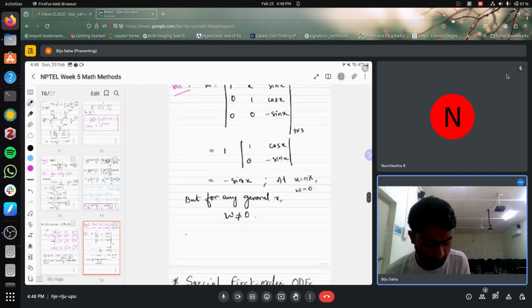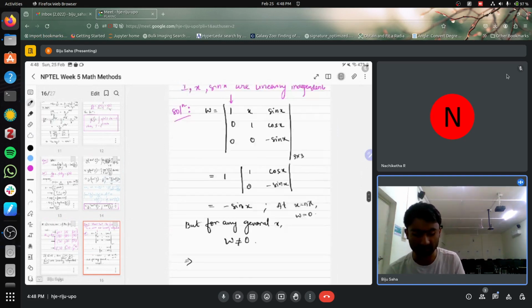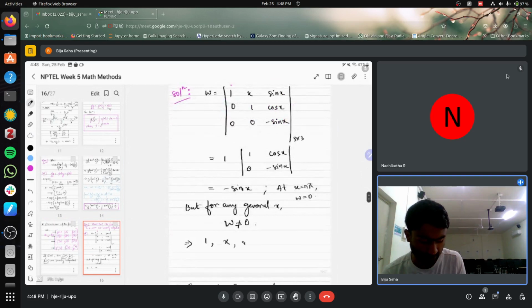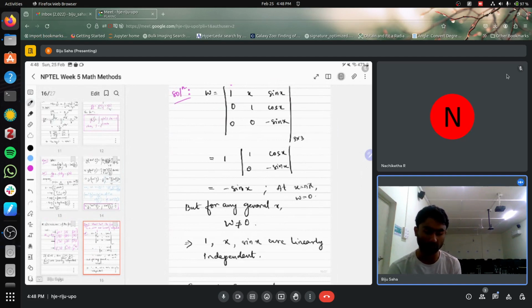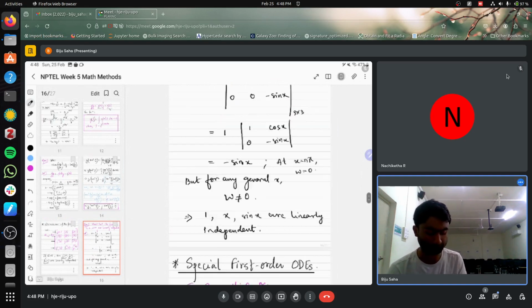So that would imply that this set of functions, that is 1, x and sin x, are linearly independent. And you can also check by the other methods we did in linear algebra classes, that you can write it as a linear combination and set it equal to 0. Given that they are linearly independent, all the coefficients had to be 0. So by that method also you can check they are linearly independent.